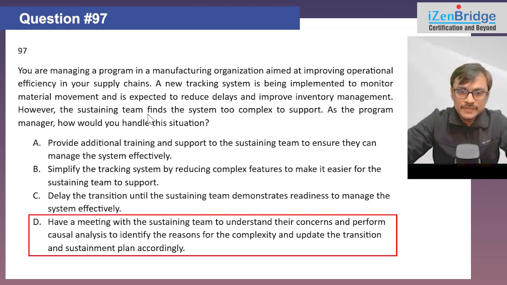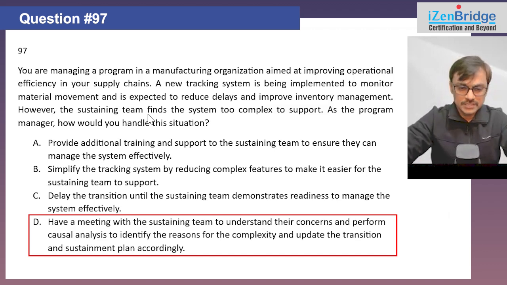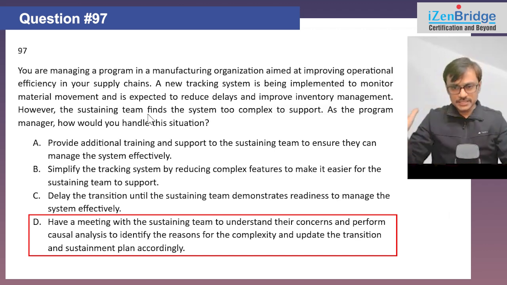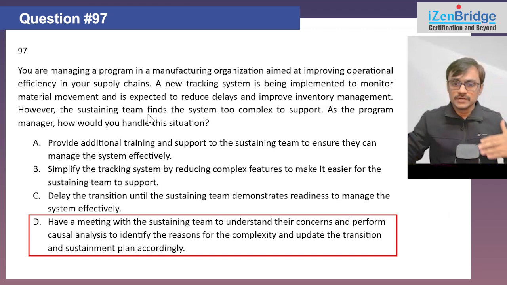Option D, have a meeting with the sustaining team to understand their concerns, perform causal analysis to identify the reason for complexity, and update the transition and sustainment plan accordingly. Great. It is holistic and open-ended in nature. The problem could be in any area. Let's understand, and based on that, we may need to change our transition planning or sustainment planning.